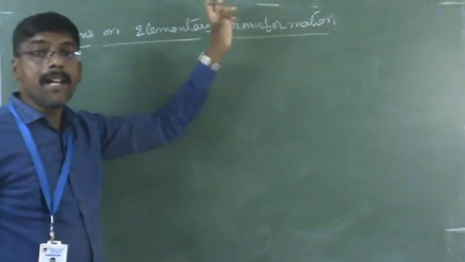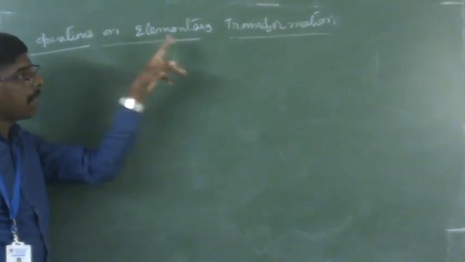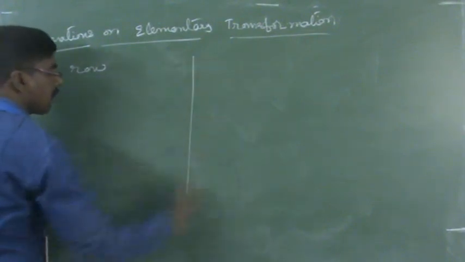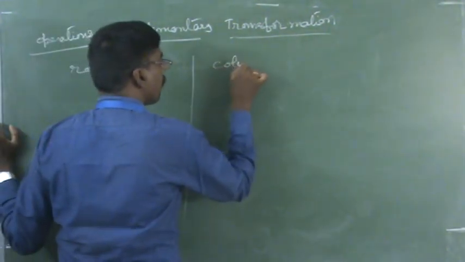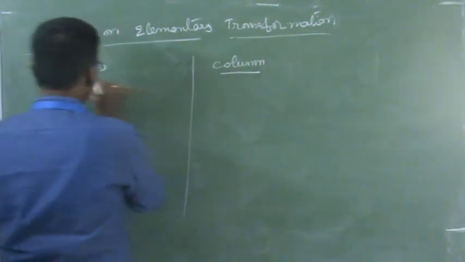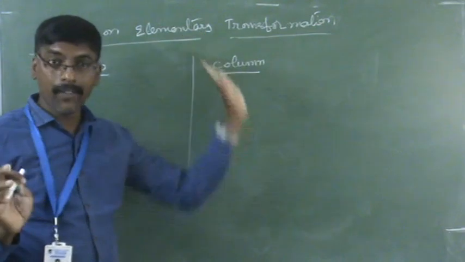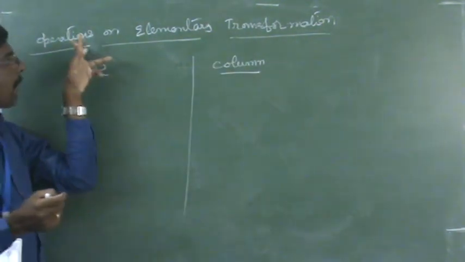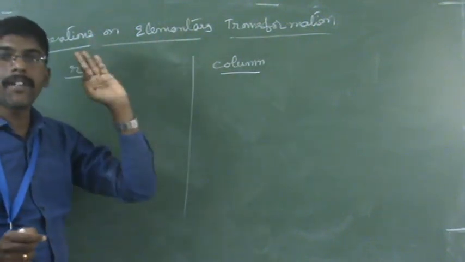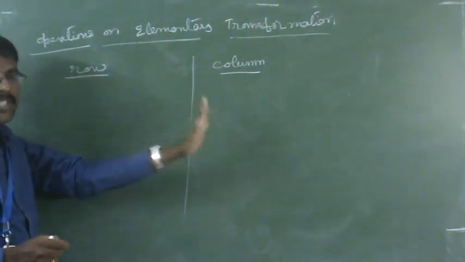In these operations, first we discuss the row-wise operations, and next we discuss the column-wise operations. Very clear? First we have to understand it while taking an example problem. You need to understand very clearly the operations on elementary transformation: row-wise operations and column-wise operations.